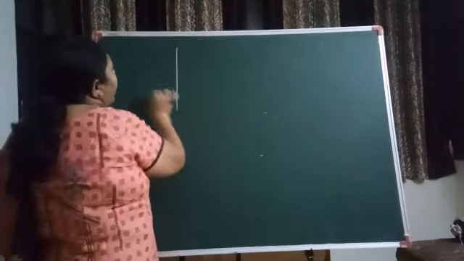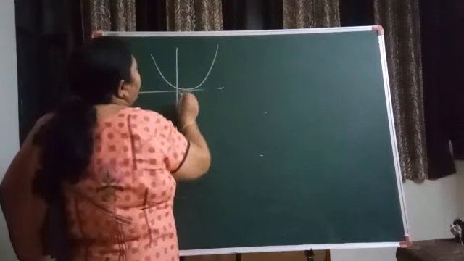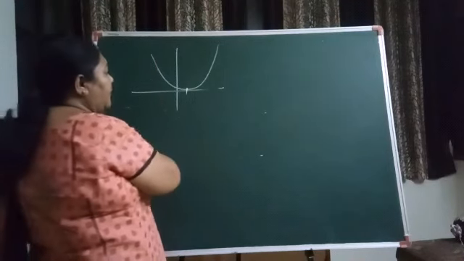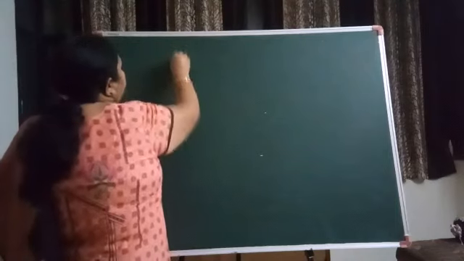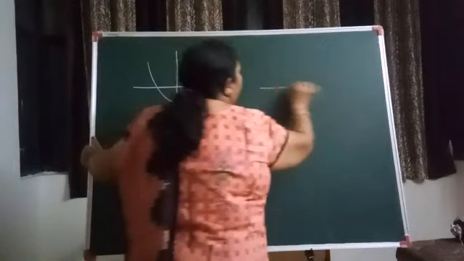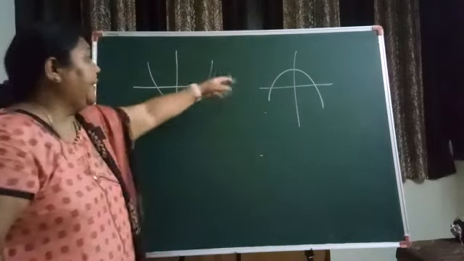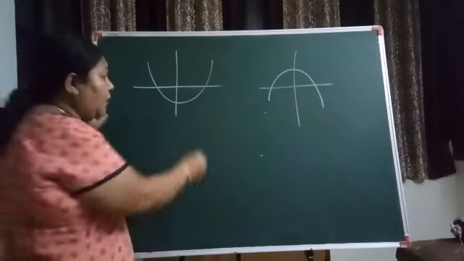Whatsoever parabola it may be, it could be upward opening, it could be downward opening, a parabola in this form or in this form. Now how do you decide whether it is going to open upward or downward?